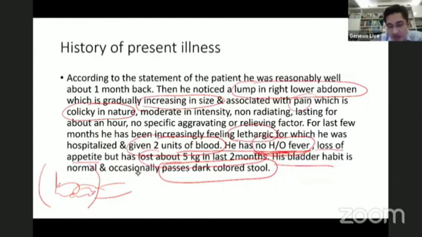It ultimately comes out to be a darkish stool. Remember, this is not melena. Melena is from the upper abdomen. This usually may be some dark colored stool, or may not be there. Very rarely have I seen dark colored stool. Many of the patients with carcinoma cecum have no complaints about the stool colors. Okay.